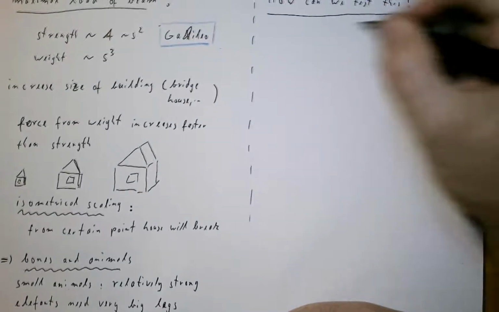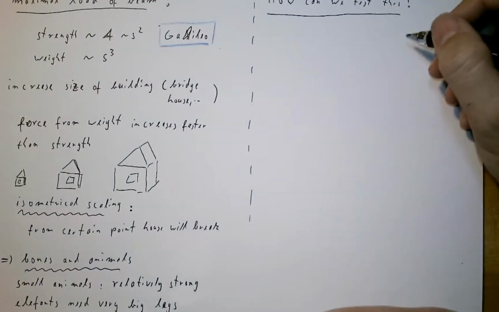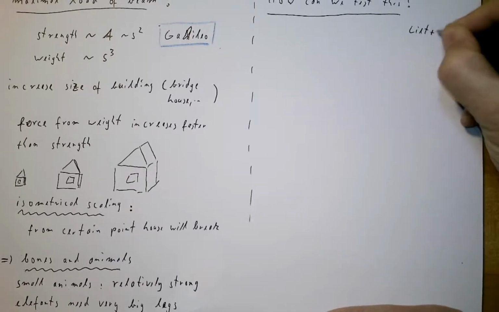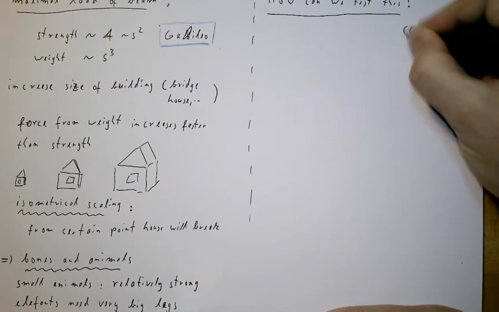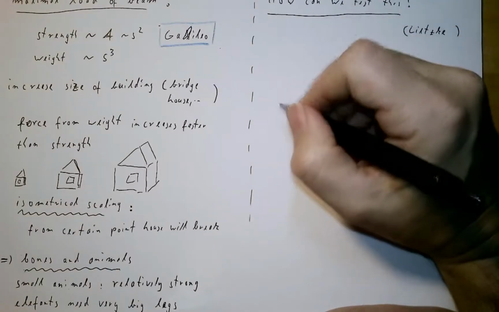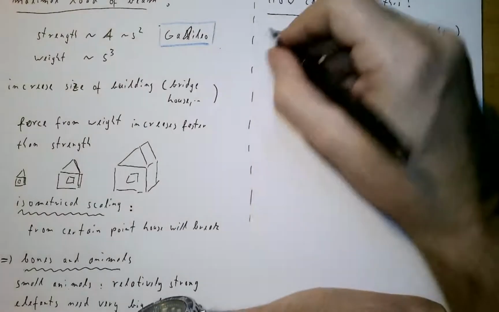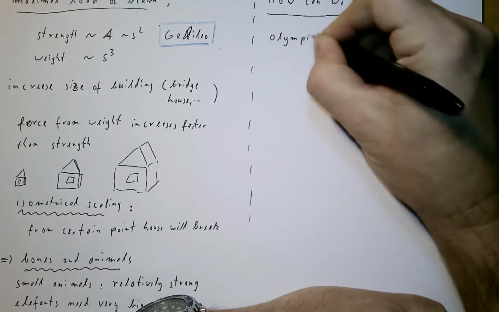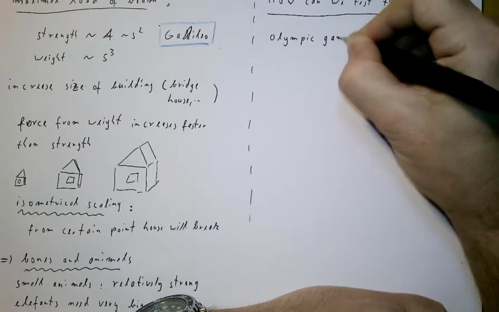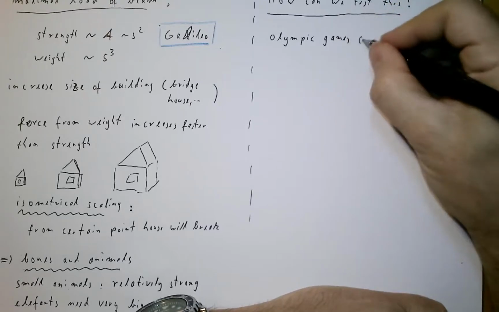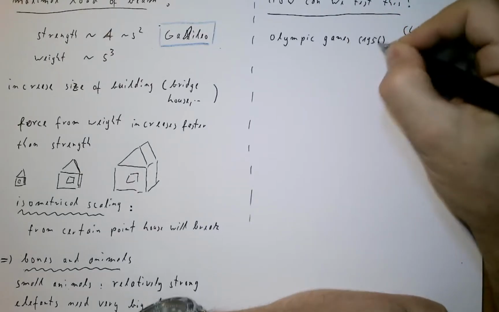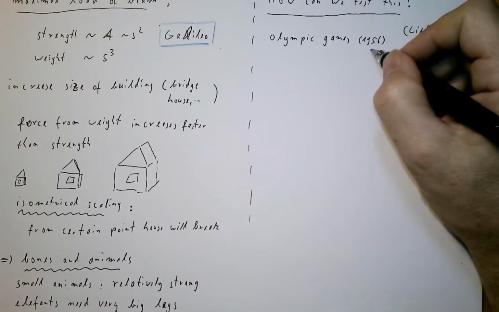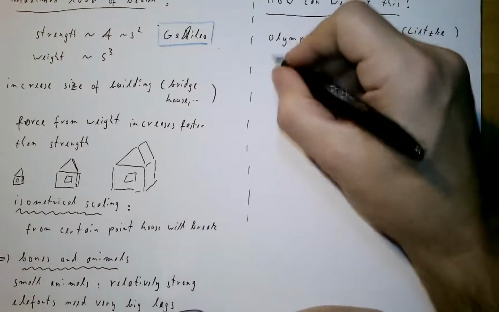How can we test this? And this was an idea which goes back to Lietzke. And he looked at Olympic Games in 1956, and he looked at the records of weightlifting.